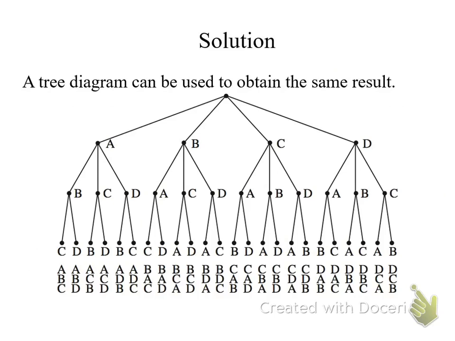And so what a tree does is, in this case, I said, okay, well, I have A first, B first, C first, and D first. Then I'm just going to zoom in and just focus on the A branch.